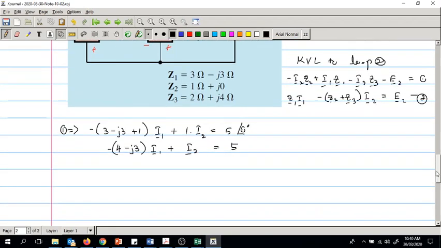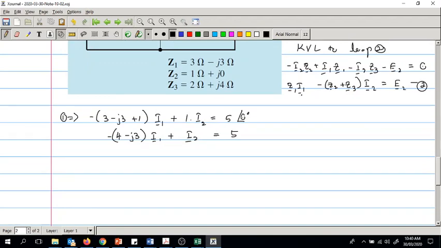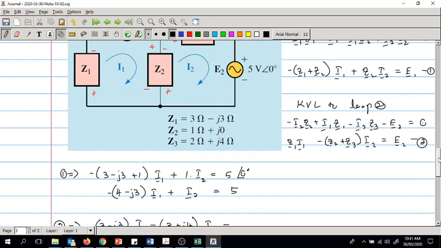The second, from the second equation, Z1 is 3 minus j3 I1 minus Z2 plus Z3, which is 3 plus j4, I2 equals again 5.